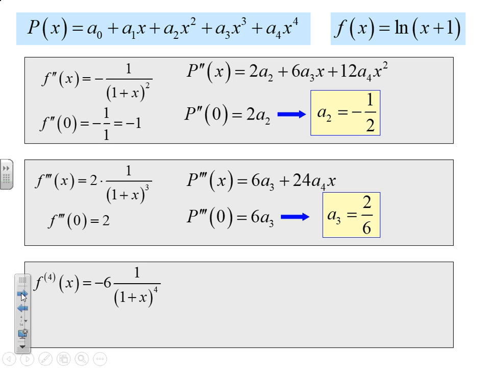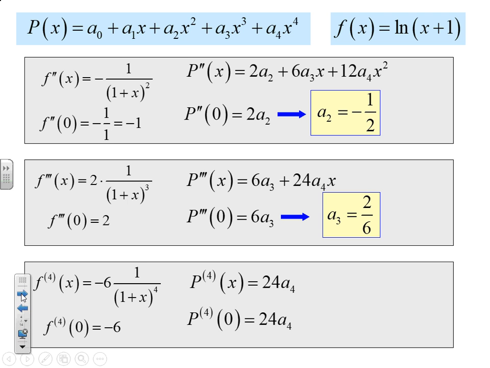And in the fourth derivative, remember, once we get past 3 tick marks, that's enough. We write numbers. So the fourth derivative at 0 is negative 6. The fourth derivative of our polynomial is 24a sub 4. I hope you see a pattern.